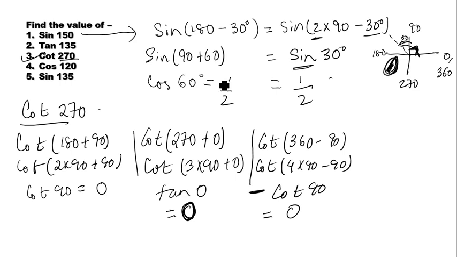Suppose this number says 120, always put it as an even multiple. So we will write it as 180 minus 60. We won't write it as 90 plus 60. We can write 90 plus 60, but trust me it will complicate your mind, because at 90 plus 60 the trigonometric ratio will change again, which creates a problem. So better not to go to that part, just stay with the even multiple of 90 only.